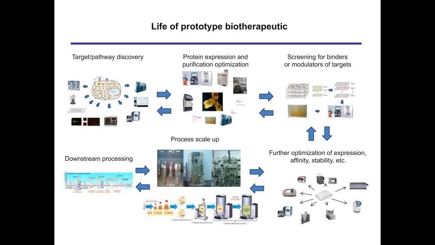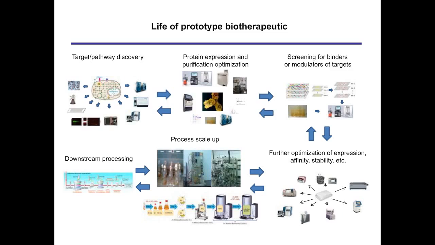So here I provide an overview of the life of a prototype biotherapeutic, and it's this overview that will serve as the foundation for the talk today. We start off with target and pathway discovery and the tools associated therewith, and next, the protein expression, purification, optimization phase.